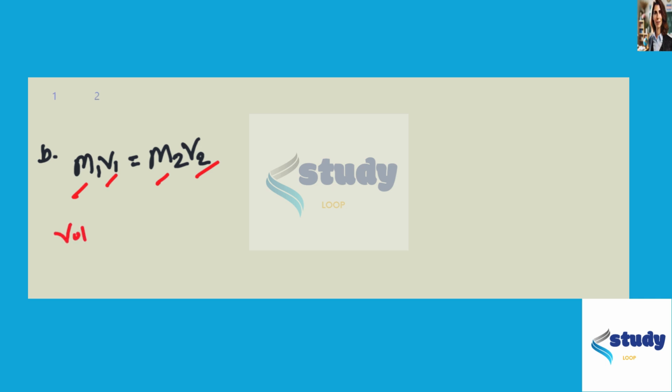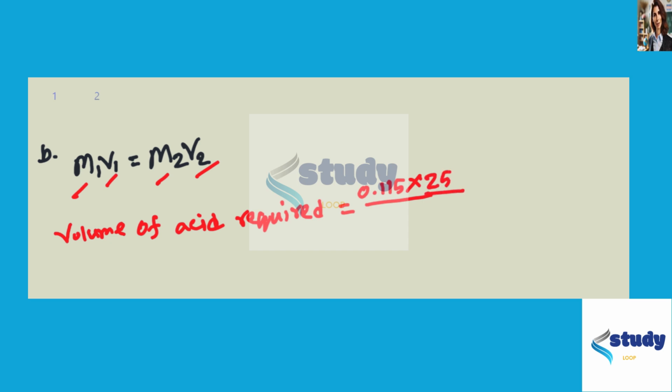So from here we can write the volume of acid required to reach the equivalence point will be the concentration of the base, which is 0.115, times the volume of the base, which is 25, over the concentration of the acid, which is 0.1 molar.